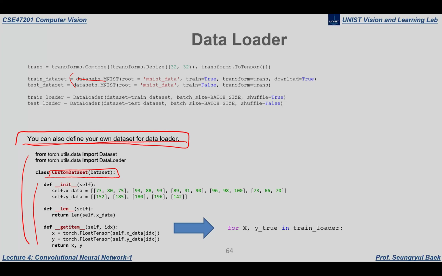The things you have to define are these three methods. For the constructor, you have to specify where your X and Y data are located, or the values themselves, okay? So here, they contain all the X and Y data in this init function.